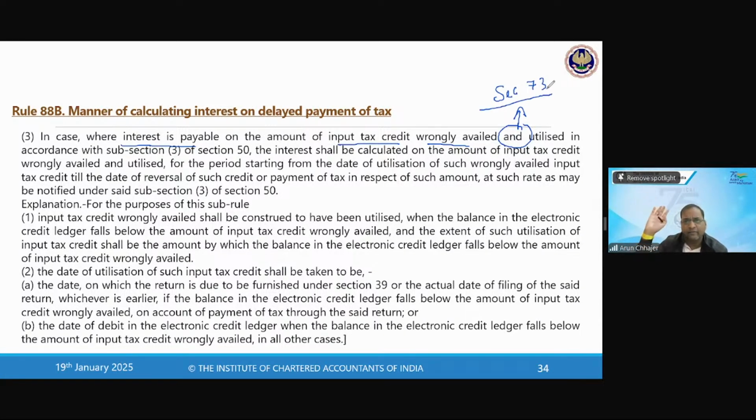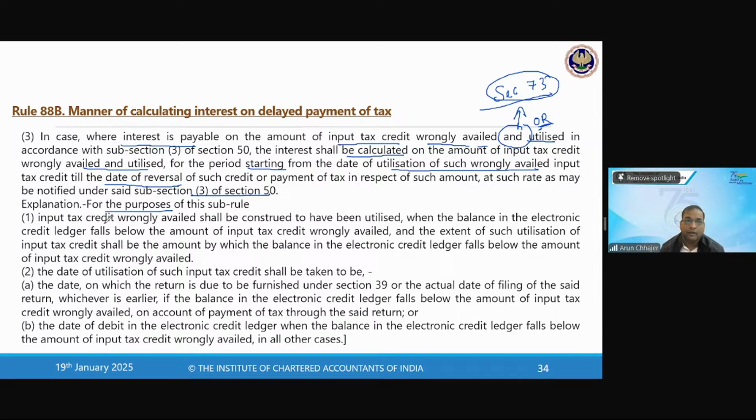And you have given the confirmation, Ashutosh, Gyanendra, everyone has given the confirmation, Dini, that in section 73, the word is or, availed or utilized. Interest shall be calculated on wrongly availed and utilized ITC for the period starting from the date of such wrongly availed ITC till the date of reversal, and the rate will be section 50 subsection 3, that is 18%.